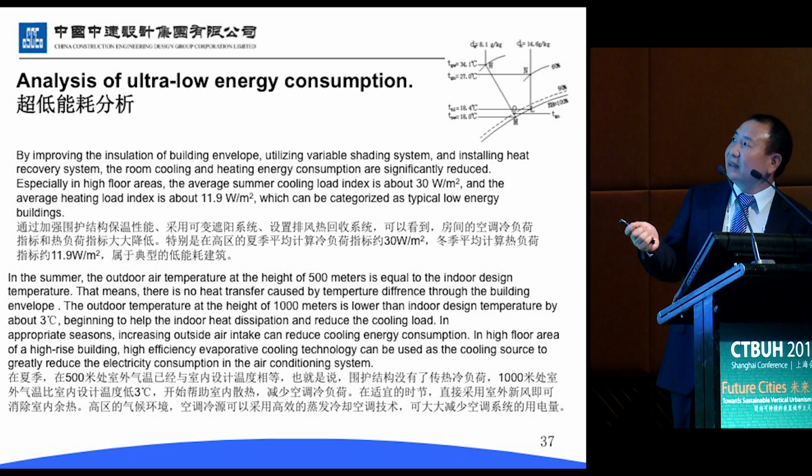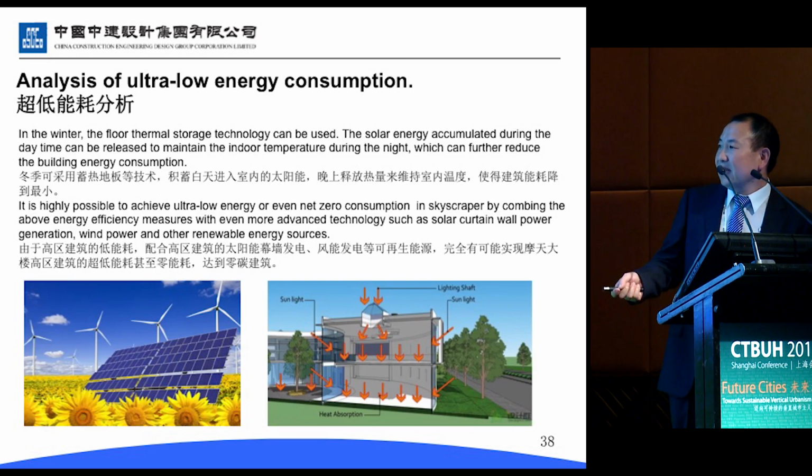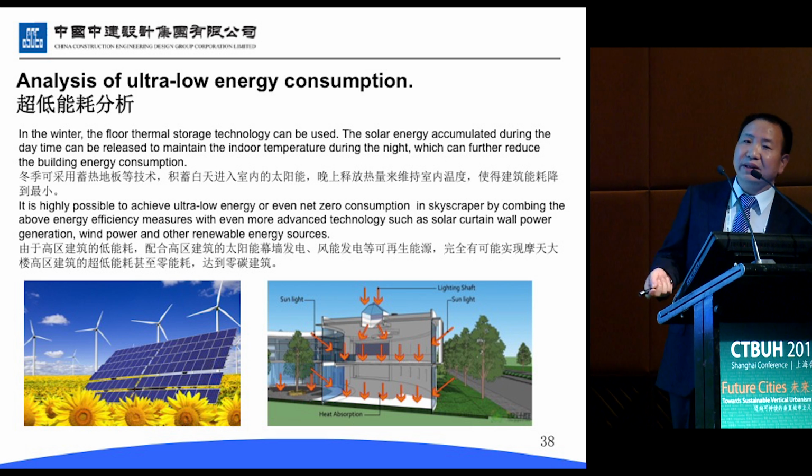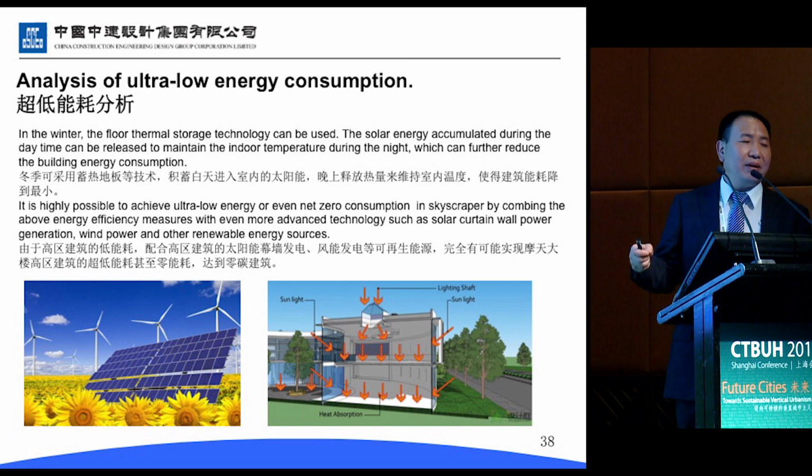Now, this is the analysis of the ultra-low energy consumption. By improving the insulation of building envelope, utilizing variable shading system, and installing heat recovery, you can do a lot.